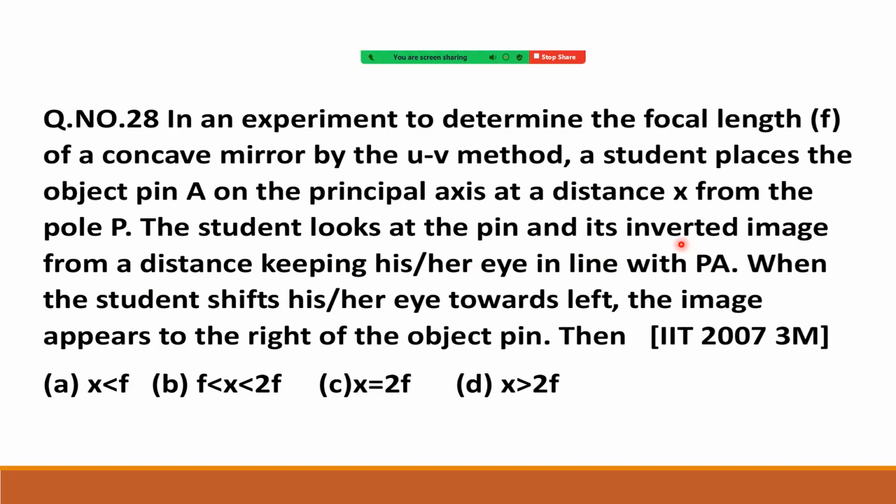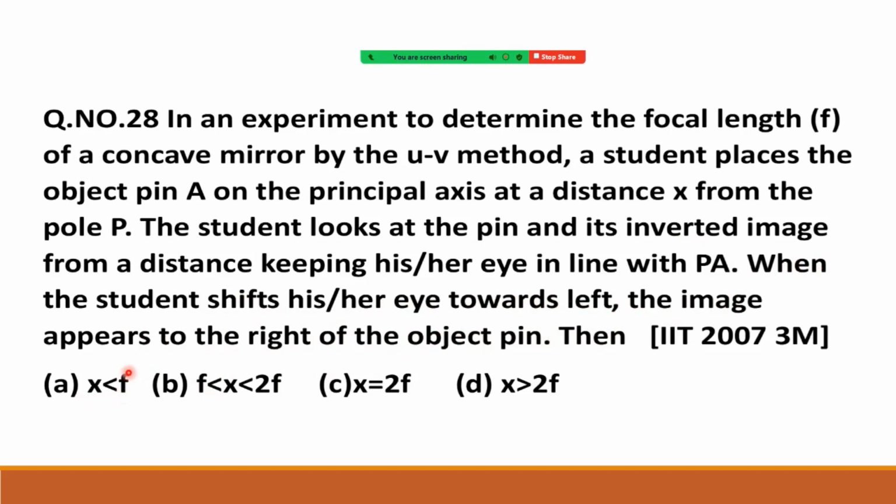So P is the pole, A is the object pin on the principal axis, and the person is keeping his eyes along the principal axis and watching the image. The image is given as inverted. When the student shifts his eye towards the left, the image appears to the right of the object pin. So the key point here is that it is inverted. Then we have to focus on where the object is.